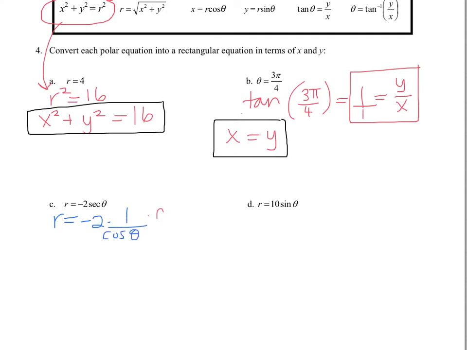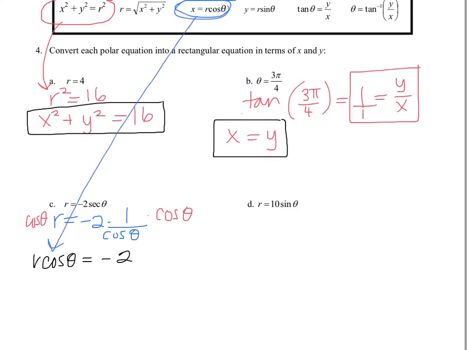I'm going to multiply both sides by cosine theta. On this side I have r cosine theta equals minus 2. Then I can make this substitution: x equals r cosine theta. And I just get x equals negative 2. So this is the equation of a vertical line that passes through the point negative 2, 0.